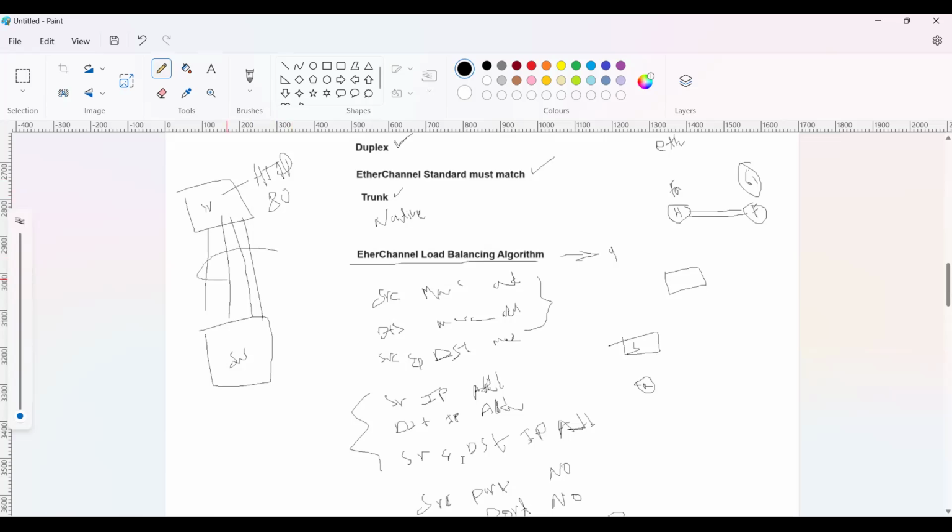Based on the port number, EtherChannel will load balance the information. It will select this path, otherwise this path. Logically this is only one port channel, but physically we have links, so it will send or receive with the help of the links only.